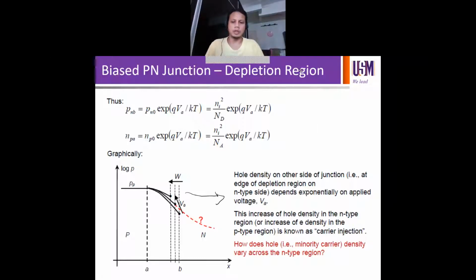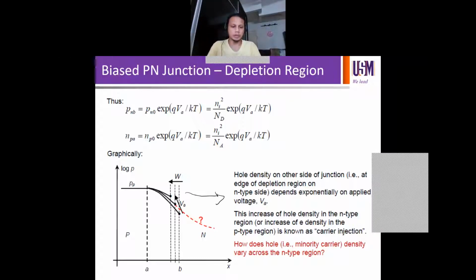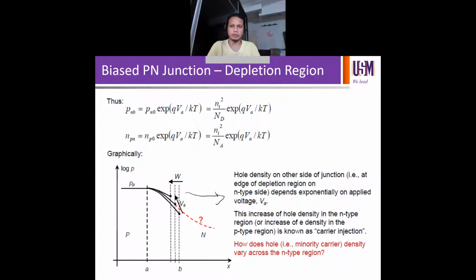Okay, so all right, we have discussed up to the introduction of minority carrier calculation into the quasi-neutral region, right?